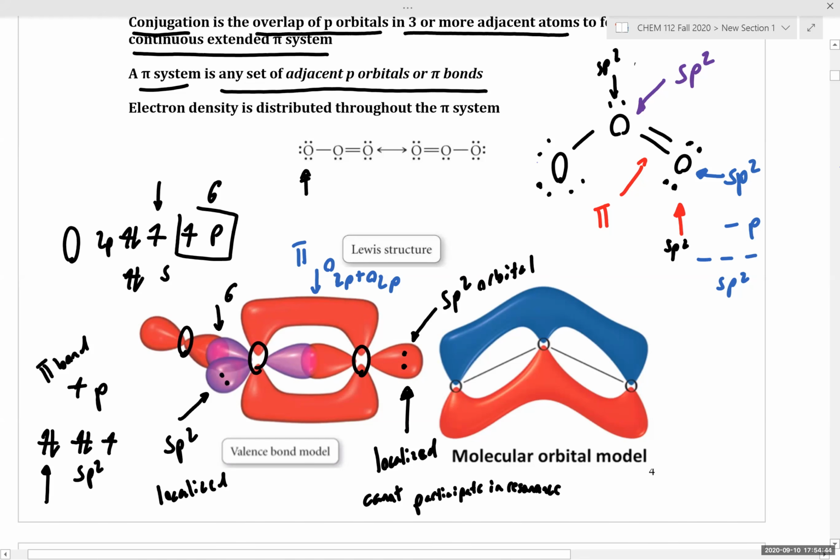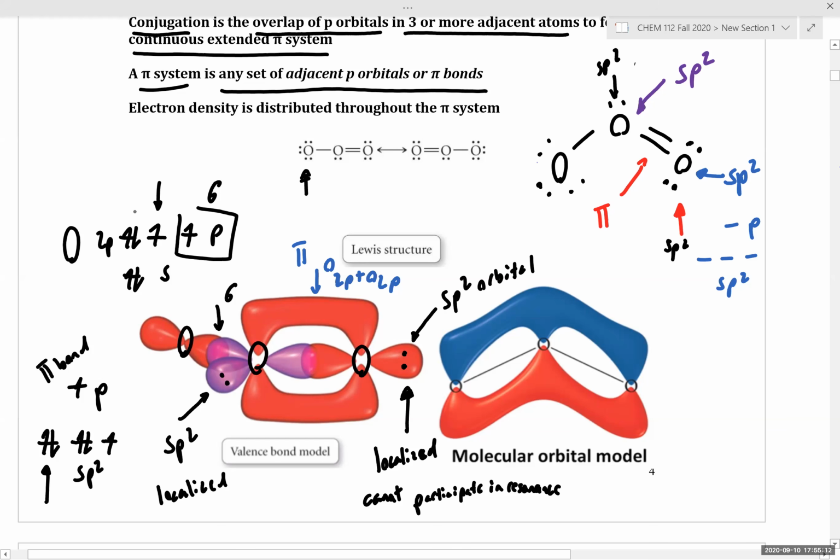And my question to all of you is, what can we do with this? What I'm trying to convey here, the question that we're trying to answer in this section, is: do we have a p orbital that is available and that can participate in resonance?